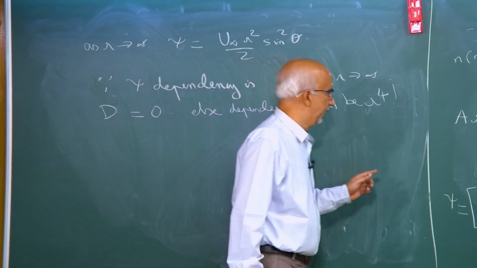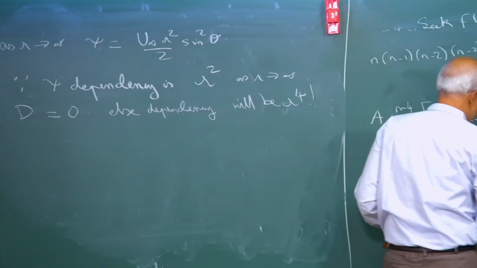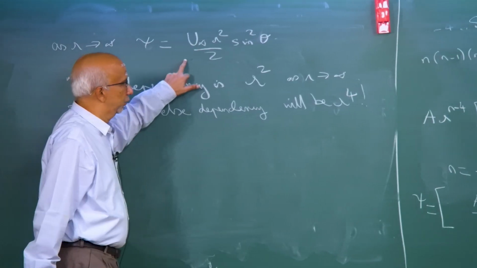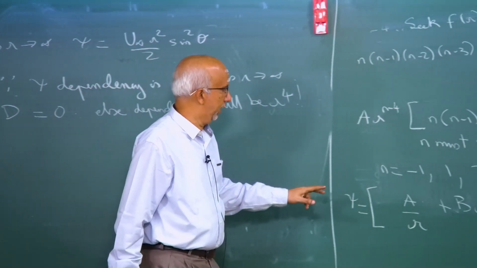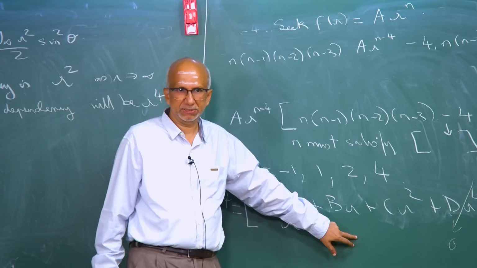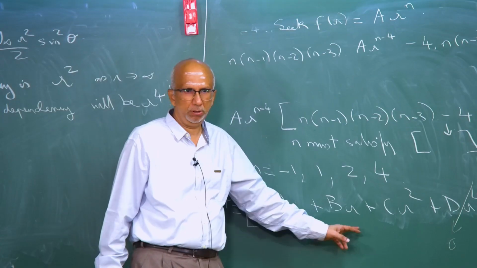The other thing is, I need to find C. So, this goes off. Now, I want to make sure this matches this. As r goes to infinity, these two will not contribute much; as r goes larger and larger, they will be very, very small compared to that.